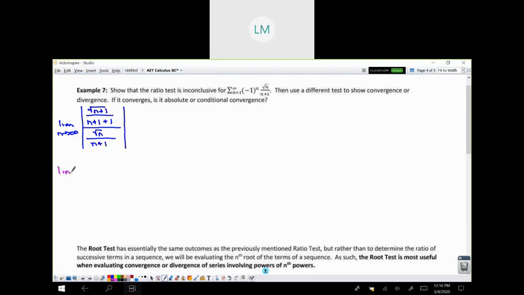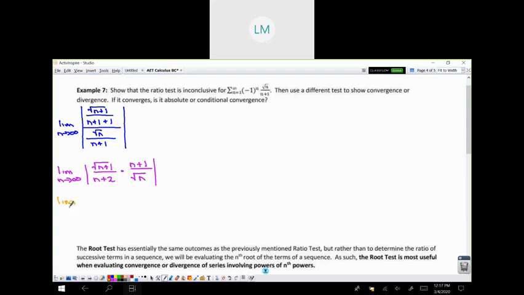In our algebra, we have the limit as n goes to infinity. This ends up being square root of n plus 1 over n plus 2 times n plus 1 over the square root of n.